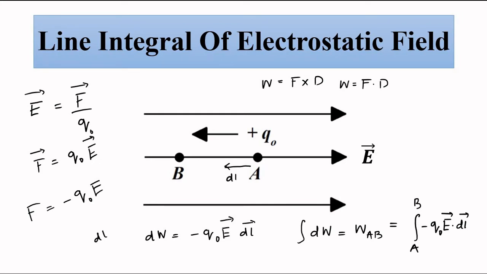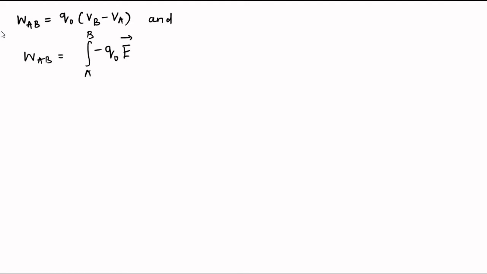So if we correlate these two expressions which we just established, we can see that WAB is equal to Q0 into (VB minus VA), and also WAB is equal to the integral from A to B of minus Q0 E vector dl vector.